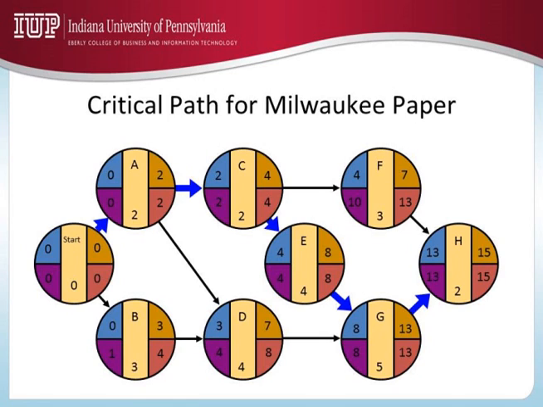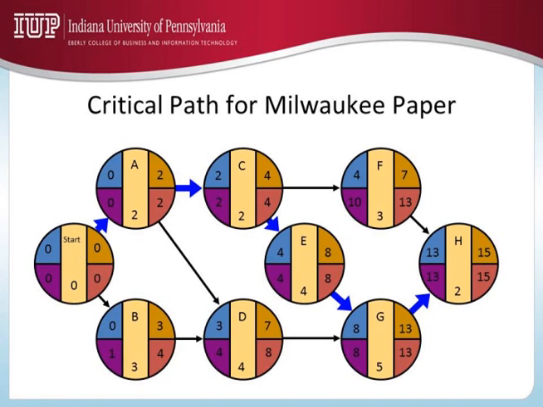If the latest time that you can start H is 13, what is the latest time you can complete F and G? If you want, you can extend both of these all the way up to week number 13. Because the latest time you have to start H is 13, it doesn't matter even if this is done at 13, this is done at 13, it's not going to affect anything negatively, right?